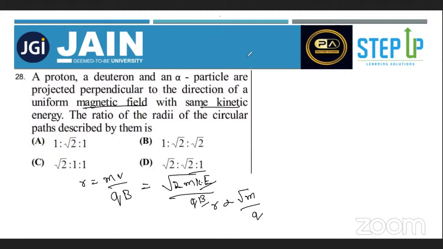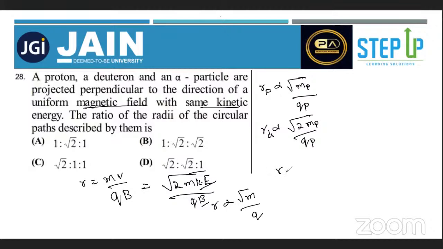After talking about proton, deuterium, and alpha particle projected perpendicular, the ratio of the radii of the circular path. So if I'm writing it for proton, Rp will be root over Mp upon Qp. Then if I'm writing R for deuterium, deuterium will be root over 2 times the mass of proton over the charge, which is not different.